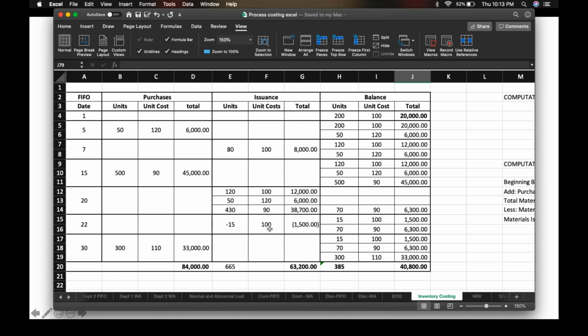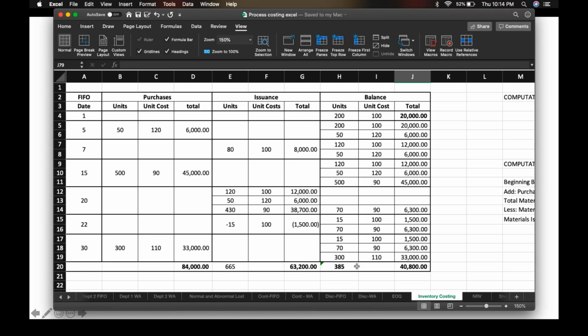So dalawa na uli yung ating materials inside our stores. That is 15 at 100, 70 at 90. So yung 15, nauna yung pumasok sa atin. Galing yan dun sa first 200. Right? Okay.